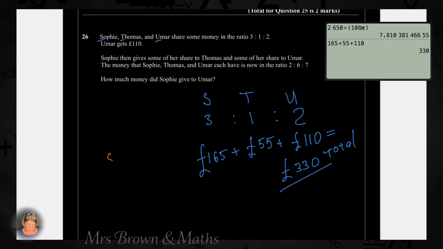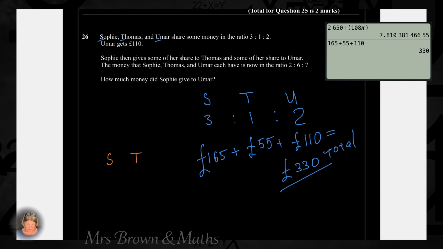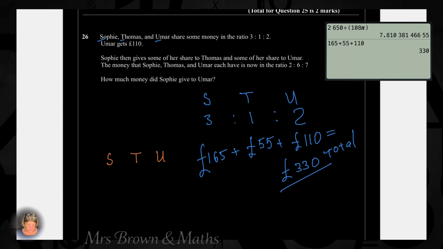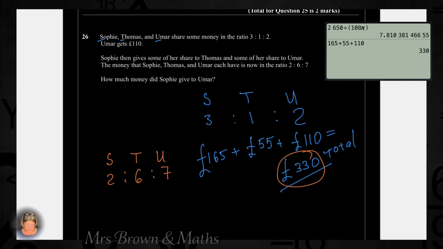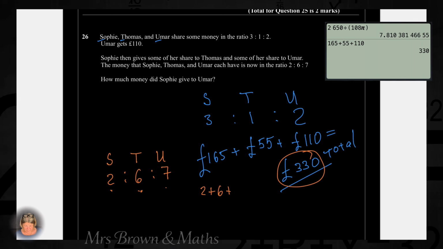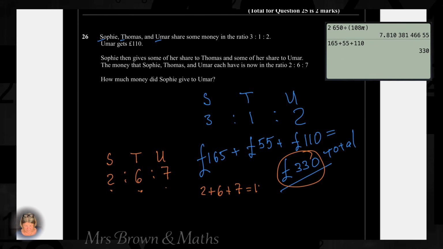But the total is still the same. How many shares do we have? 2 plus 6 is 8, plus 7. I would suggest write it down, even though it is obvious, just to get an additional mark. Right, so it will be 15 shares.